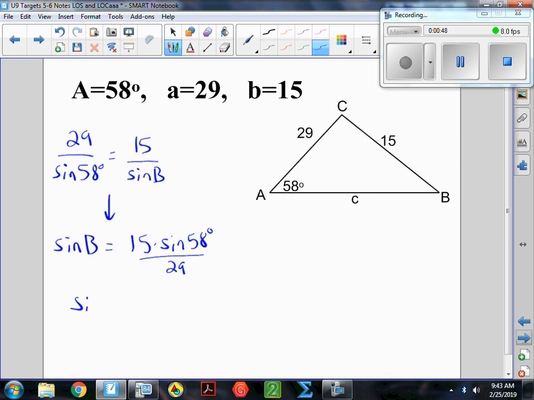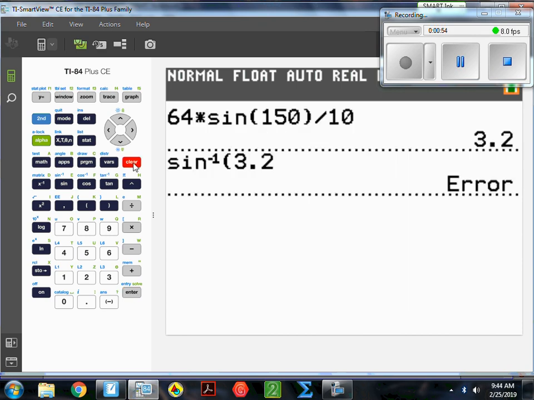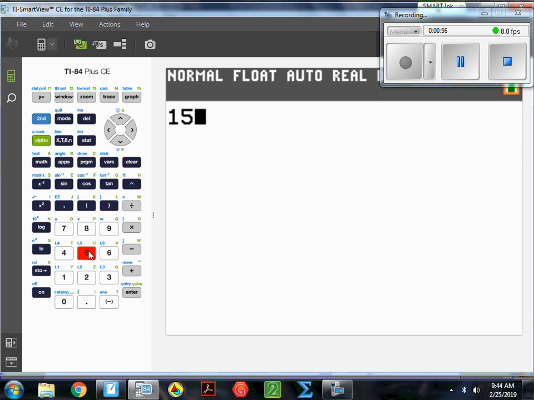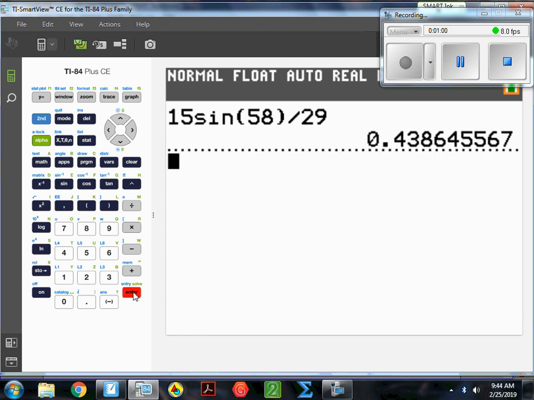So we'll type that in the calculator and find out what decimal that is. 15 sine 58 divided by 29. And I get 0.439.